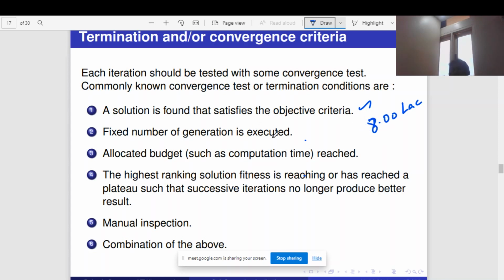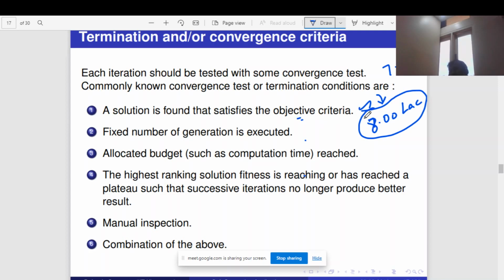That is more than your objective criteria. Your objective was 7, but you got more than that. So mostly you will be happy with that and settle. It is not that you will identify the highest package. You may compete for that, but that doesn't mean you will ignore this offer and go for that.